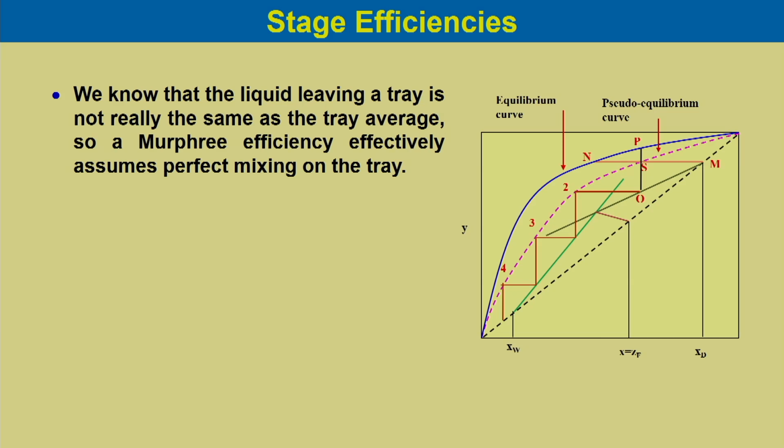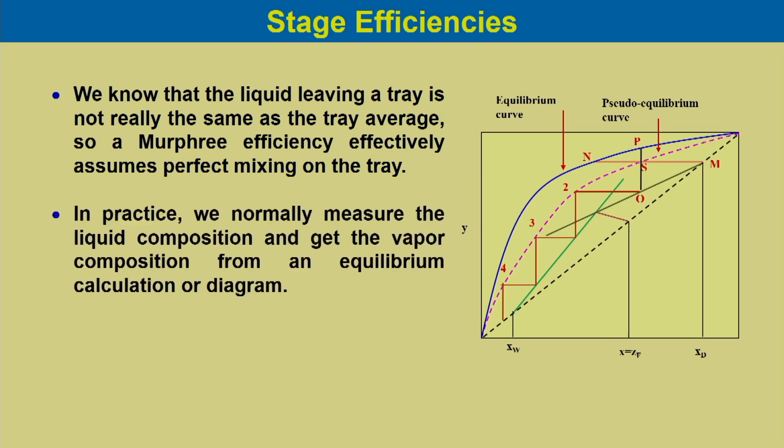So, a Murphy efficiency effectively assumes perfect mixing on that tray, because it considers the average concentration of that tray, but actually the composition varies throughout the tray, and the stream which is leaving is not exactly the same as the average composition. So, in practice we normally measure the liquid composition and get the vapor composition from an equilibrium calculation or diagram.